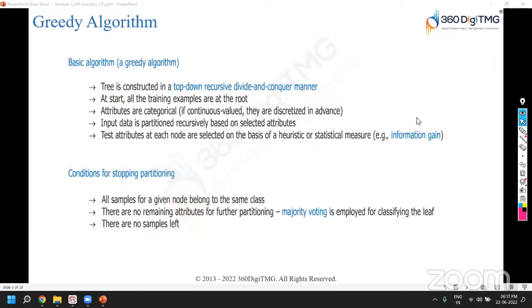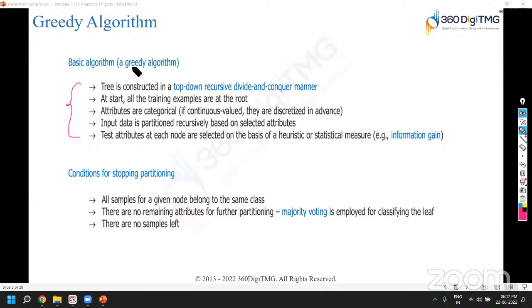And when we ask the first question, these are the points that you need to remember to address it, which is how do you define or how do you grow the tree? What variable should you use to split the branches and grow the tree? The approach that we are taking is called a greedy algorithm approach.